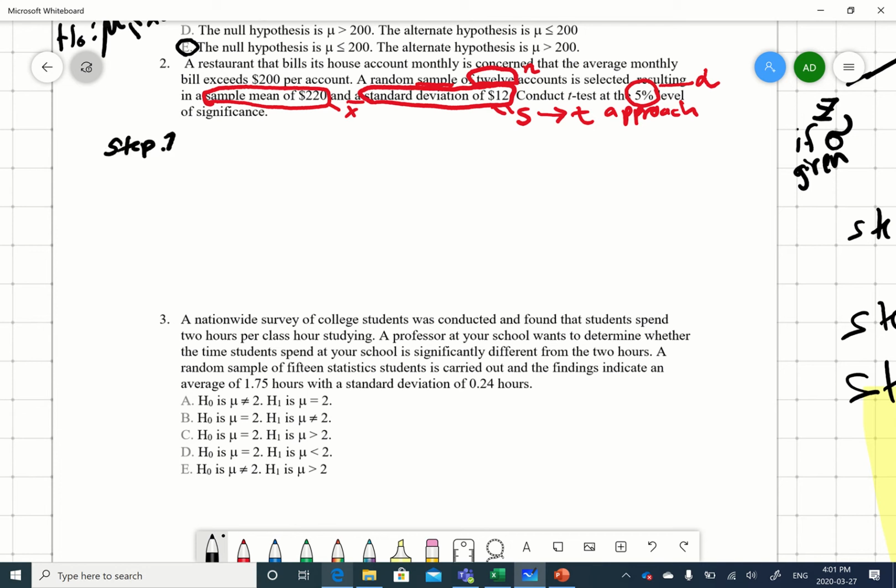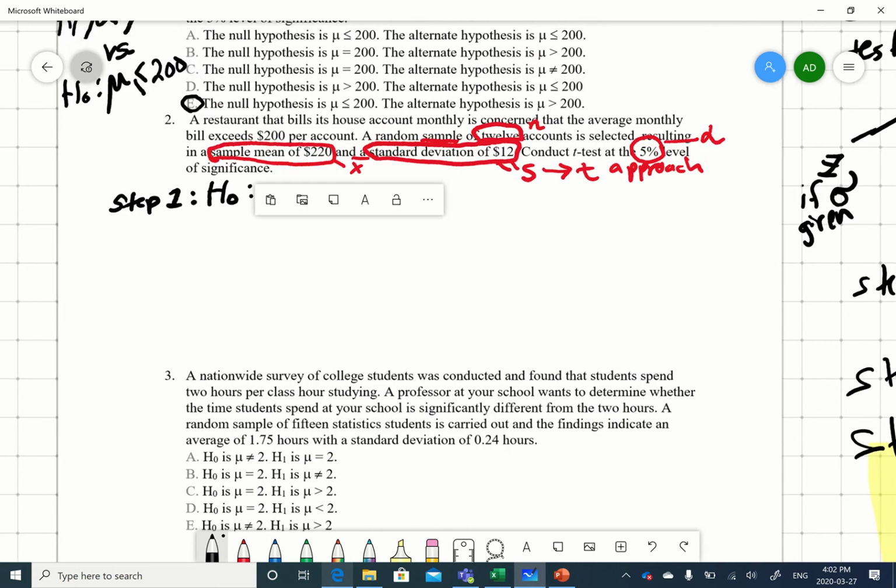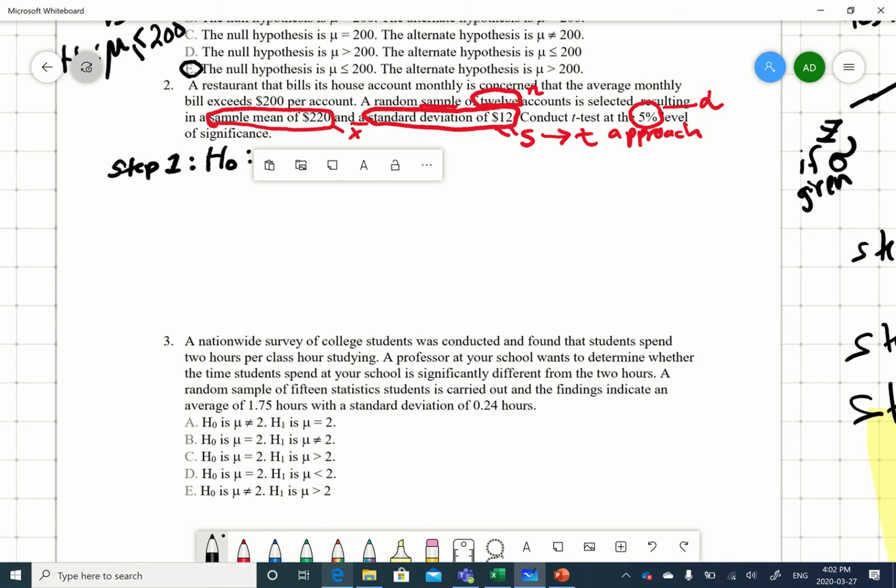In order to get full marks, it is a must that you write it in this form. Since the exam is most probably going to be online, you can write down your null and alternative in words rather than using notations.